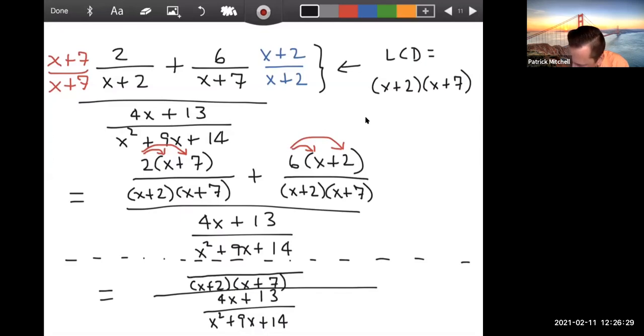All right, and then let's do this. Bring in our two numerators where I have first distributed the 2. So that's going to give me a 2x plus 14. And then in the other fraction, I've distributed the 6. And so that's going to give me a 6x plus 12. Okay. So hopefully you're following that okay.